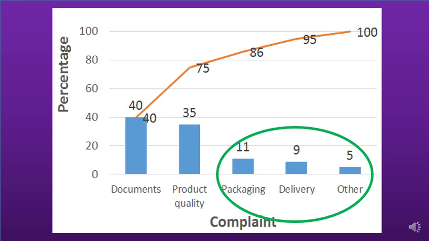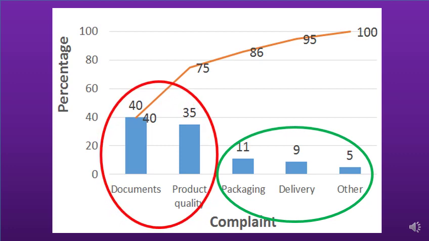And if you look at these two first categories, documents and product quality, in total they contribute 75% of the complaints, which is a very, very large percentage. So if the company wants to reduce the number of complaints, you can focus on just these two areas.